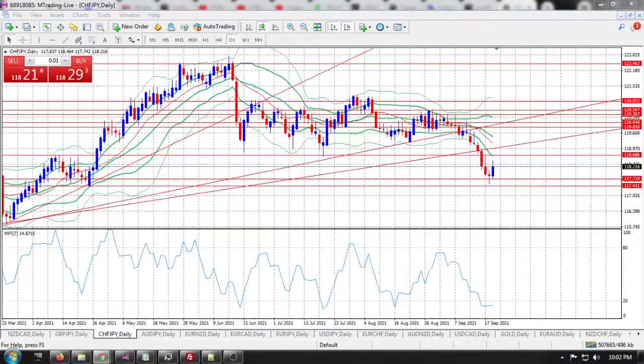All right, today we'll be looking at the Swiss franc against the Japanese yen on a daily time frame. I'm making use of MT4, and if you look at my chart, you're going to see the rate at which the market has been going.